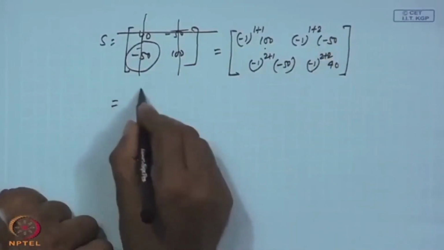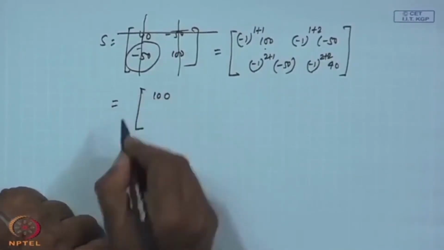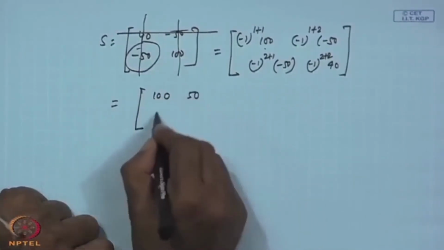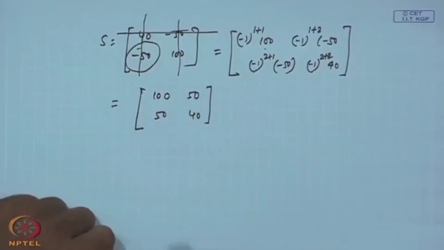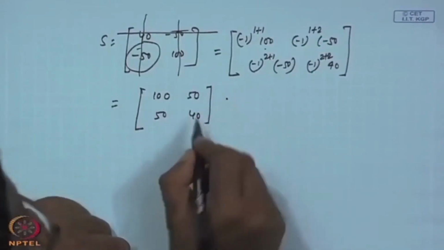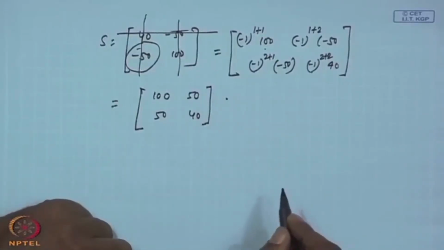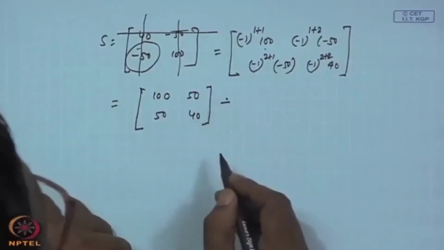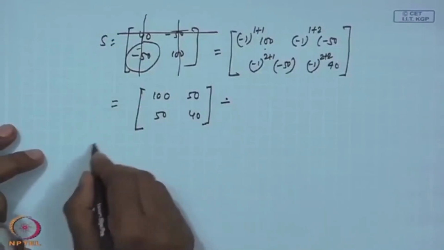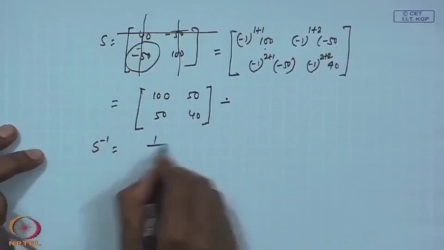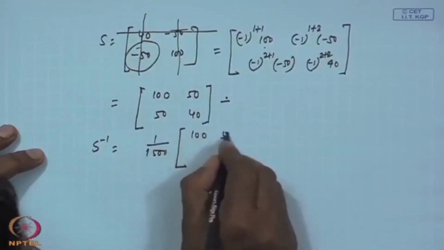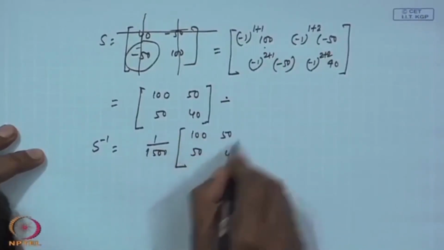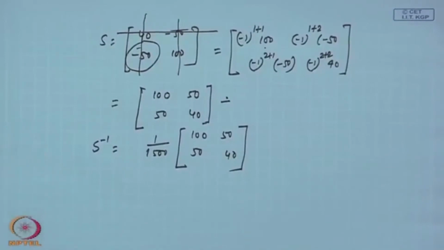The resultant matrix will be [100, 50; 50, 40]. If you take the transpose, you will get the same thing, because it is a symmetric matrix. So, S inverse will be 1 by 1500 into this matrix.